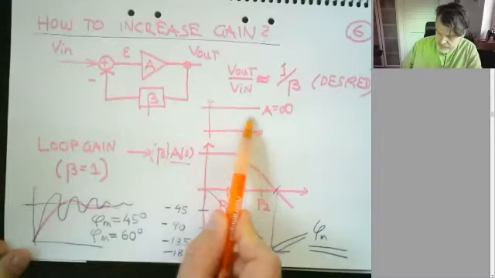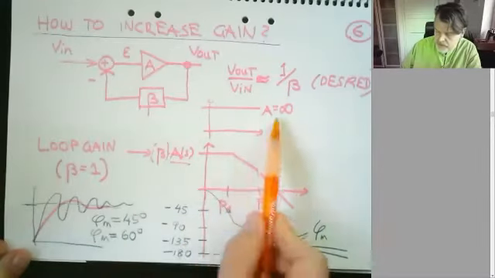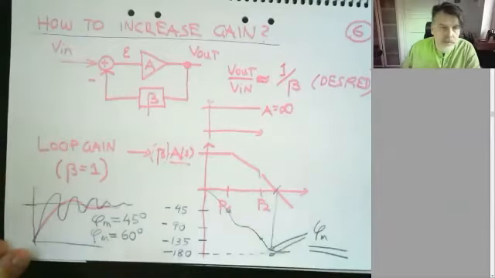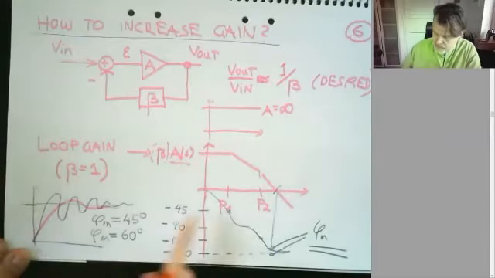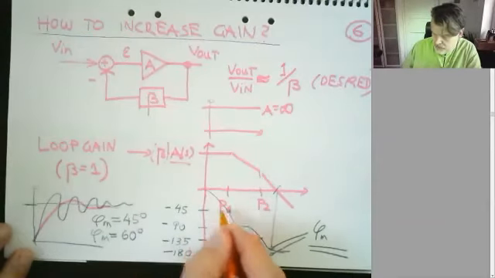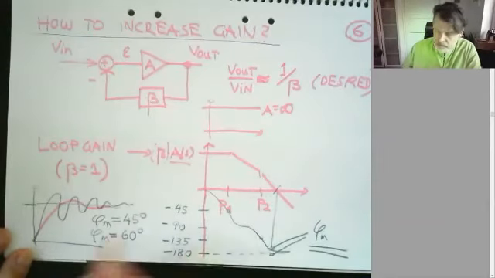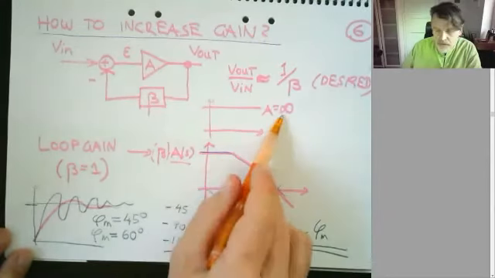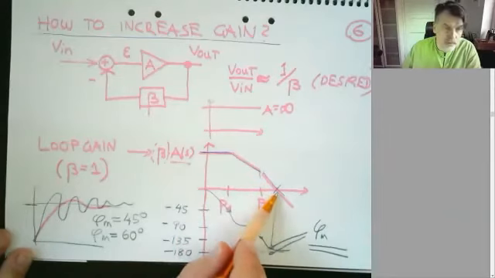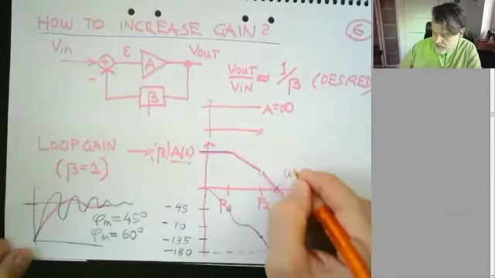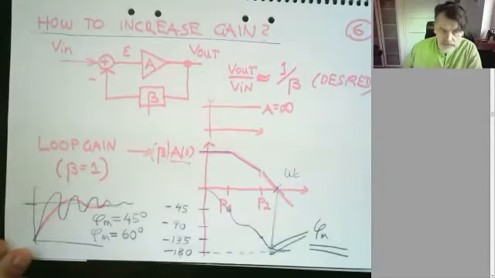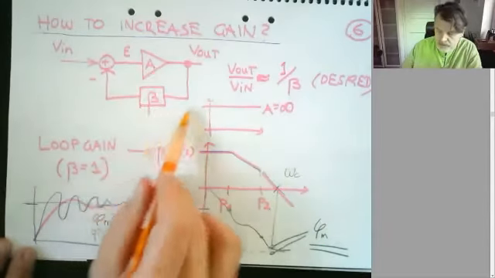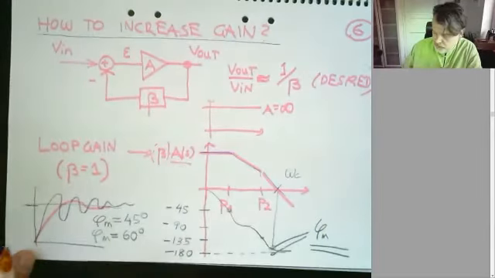The gain in the ideal case will have a frequency response which is infinite for all frequencies, but in reality, due to the dominant and parasitic poles, we will have a spectrum that is not infinite for all frequencies. In fact, it is so poor above this cutoff frequency omega c that you don't have any gain at all anymore in your amplifier, and that means this loop doesn't behave at all as you want.